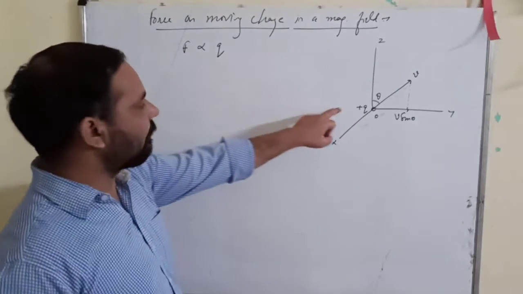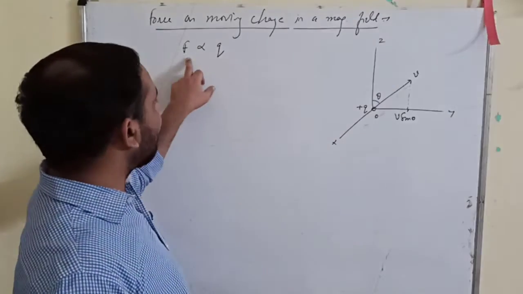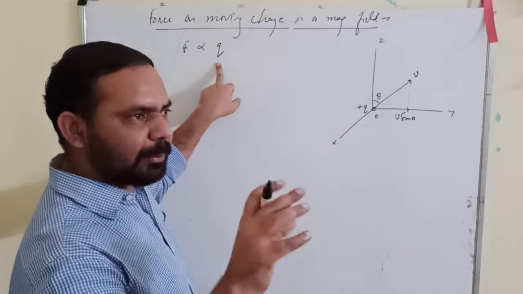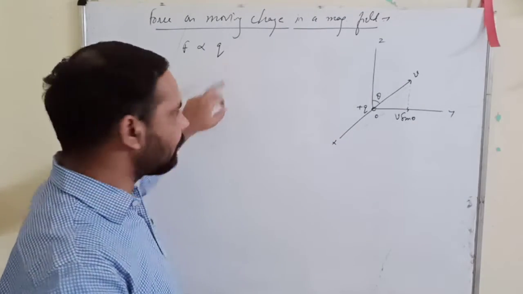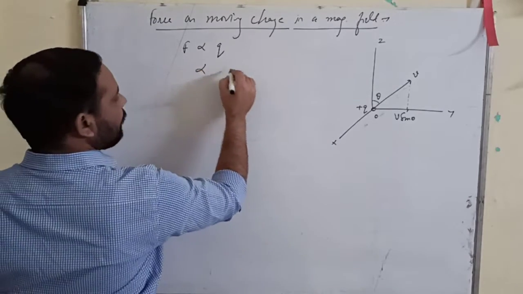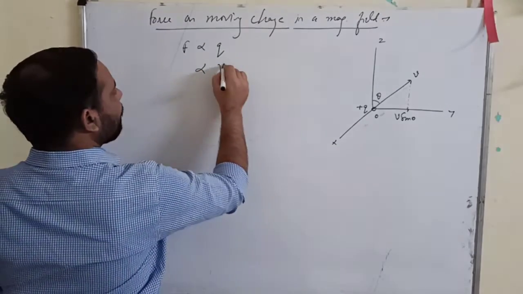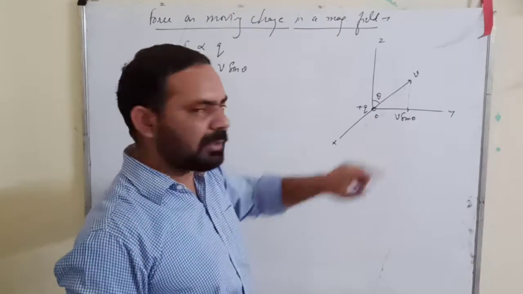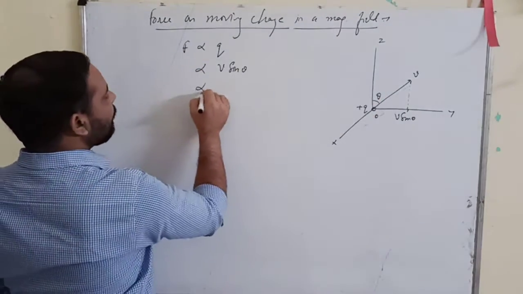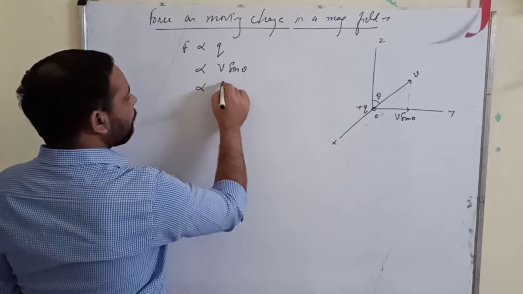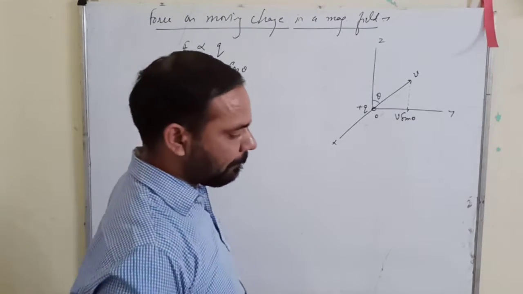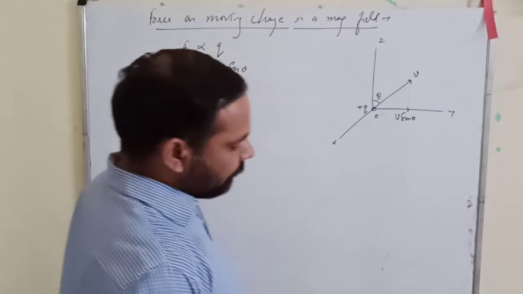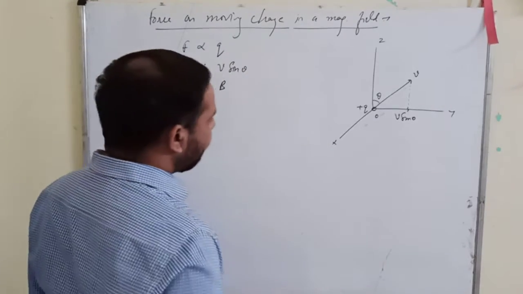Its magnitude is directly proportional to the charge, directly proportional to the component V sin theta, and directly proportional to the strength of the magnetic field.